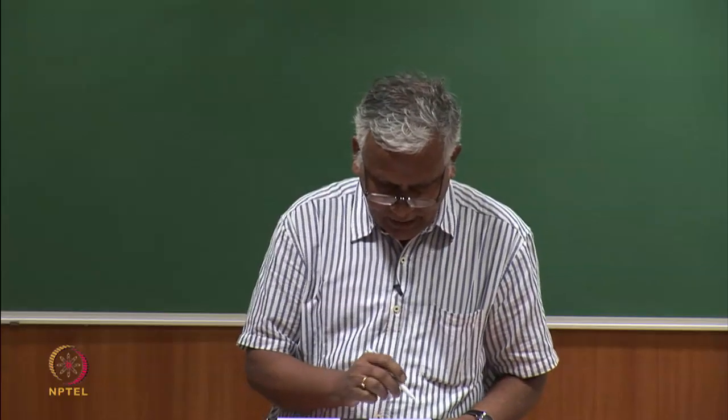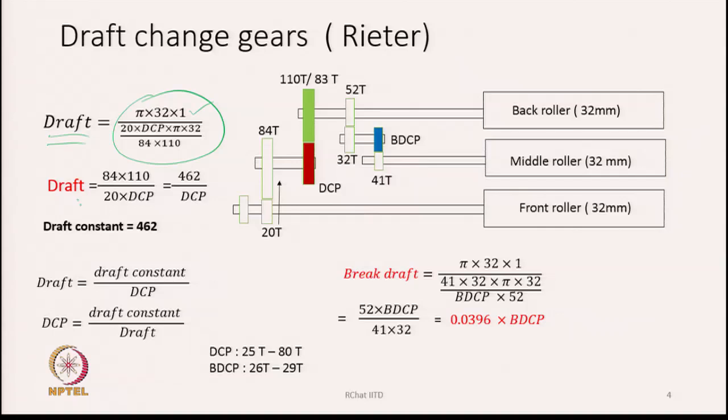So if I go by this, then you will find the draft is going to be a constant 462 by DCP, where DCP is the draft change pinion. The numerator part 462 is known as draft constant, because that is basically the value of 84 into 110 by 20.